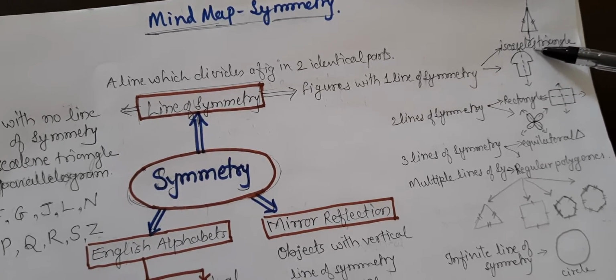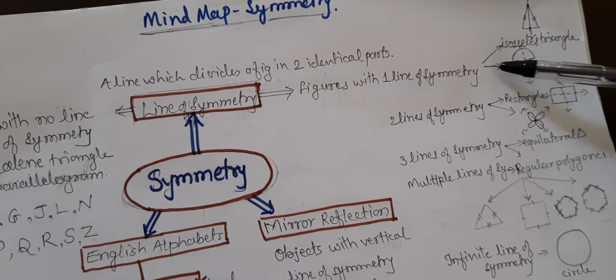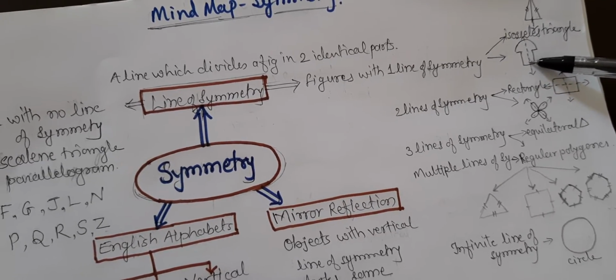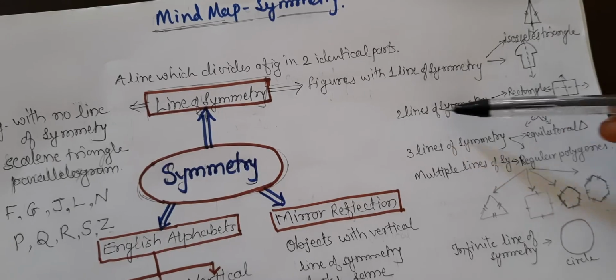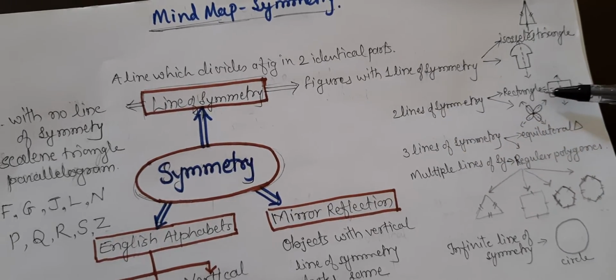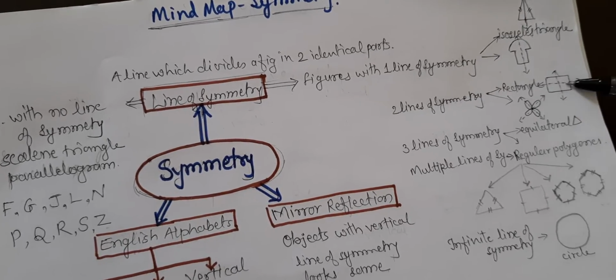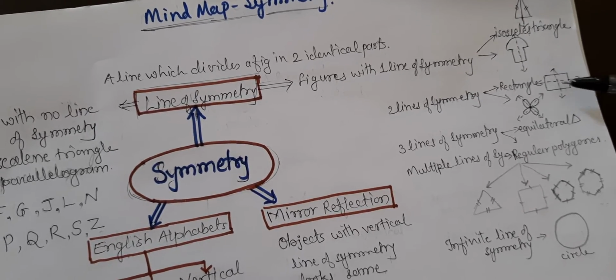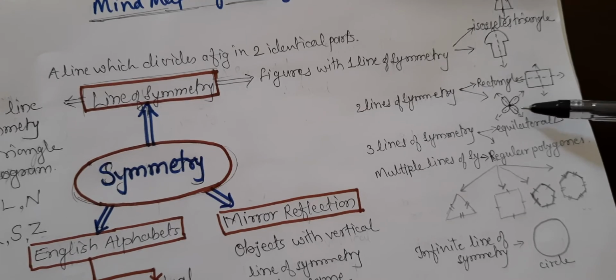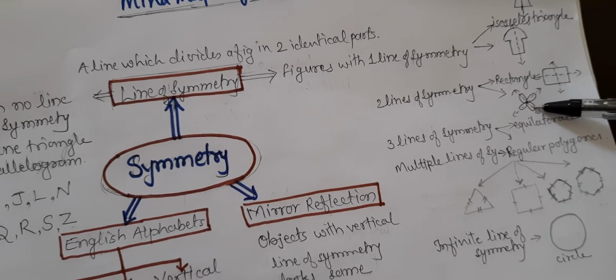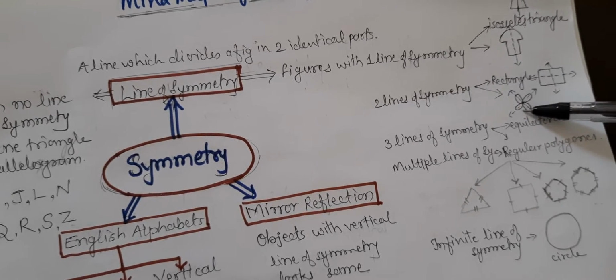For example, the isosceles triangle, or any such example from daily life you can take. Two lines of symmetry: figures with two lines of symmetry. It will be a rectangle, in which opposite sides and opposite angles are equal, as well as all angles will be of 90 degrees. Any flower example or any design which has two lines of symmetry, you can take.